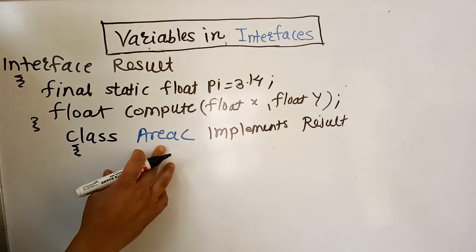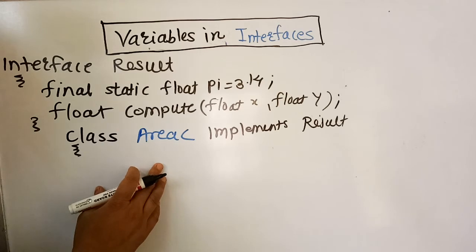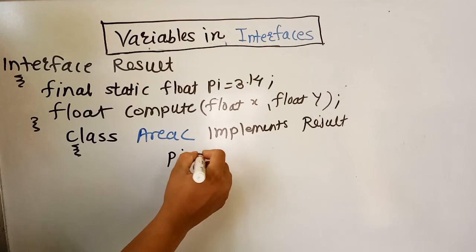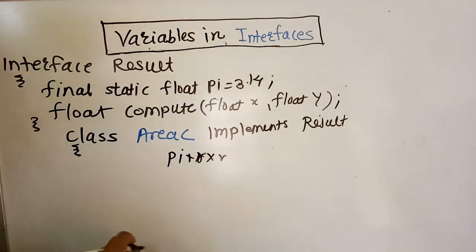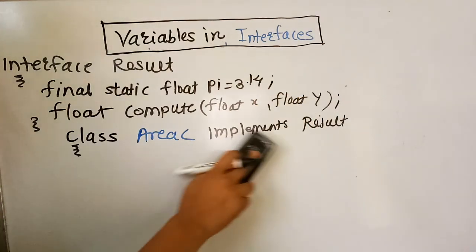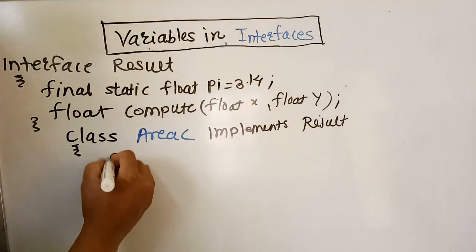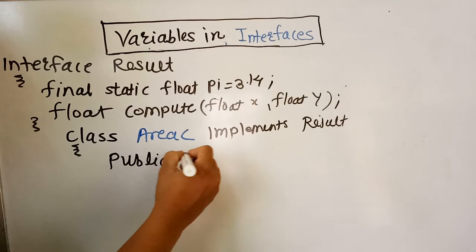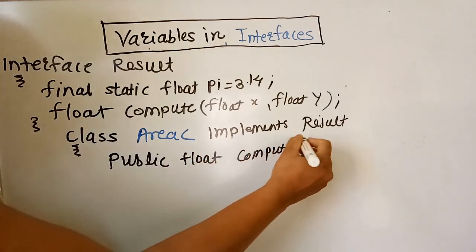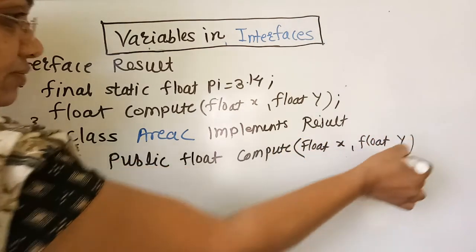As we know, the area of circle has the formula pi r square. Here only r is required, but there are two parameters, so there is no problem. We will take only the first as the radius. So we will write the method public float compute in brackets float x, float y.